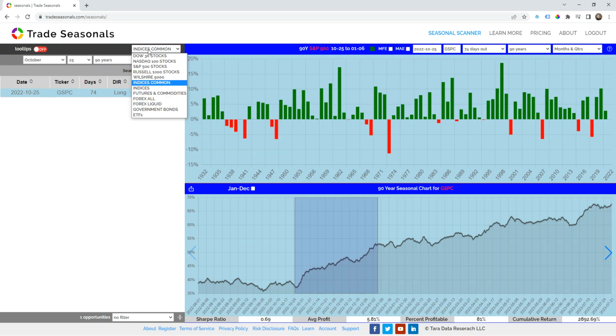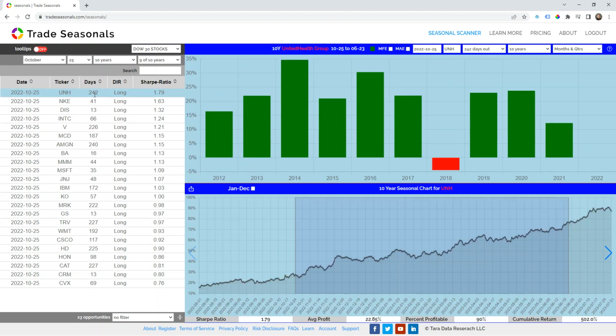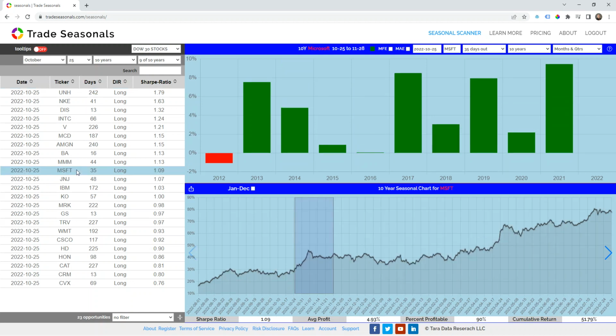If we look at individual stocks, you can actually see some of those too. See, there's a little bit of down on United Healthcare, but I really care about the likes of Microsoft. Microsoft goes up this time of the year based on the last 10 years.